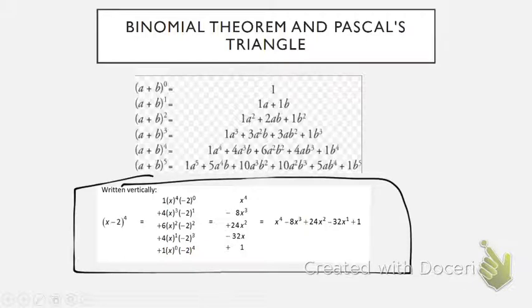They will always add up to whatever degree you have here. So 4 plus 0 is 4, 3 plus 1 is 4, 2 plus 2 is 4, 1 plus 3 is 4, and then 0 plus 4 is 4. They always have to add up. Everything has to make sense. It is logical, it is beautiful, and it's real. Okay, you guys? I love this type of math.